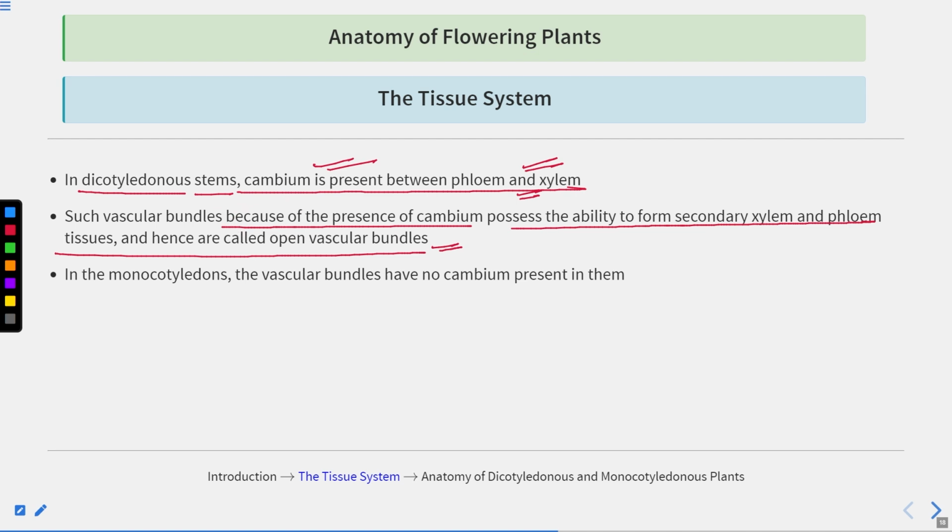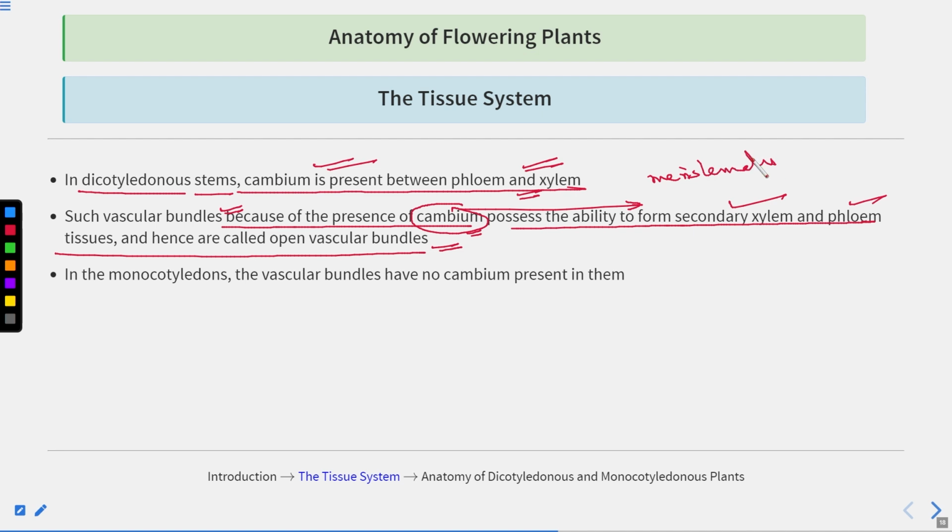So this vascular bundle has the cambium, so it is called the open type of vascular bundle, and this cambium has the capacity to divide and redivide and form new cells. So it can form secondary xylem and secondary phloem. And this cambium is a type of meristematic tissue.